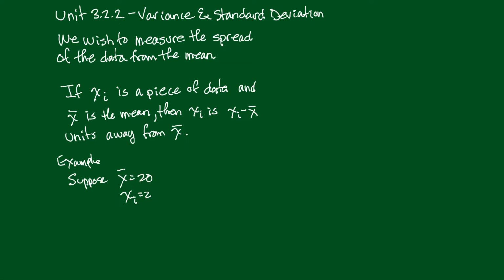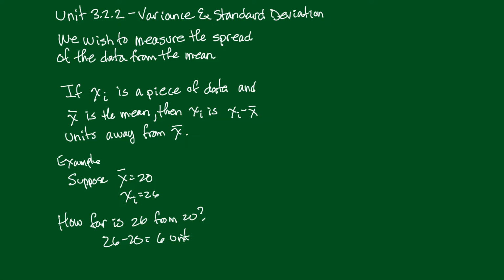What we want to know is how far is 26 from 20? Well, you know how to do that. 26 minus 20 is 6 units. So how far away from the mean of 20 is this data value, 26? It's 26 minus 20.